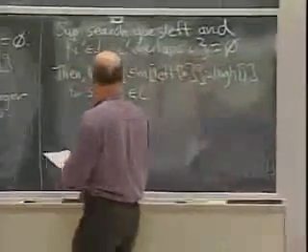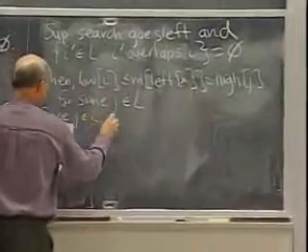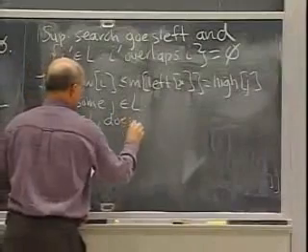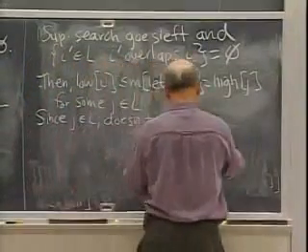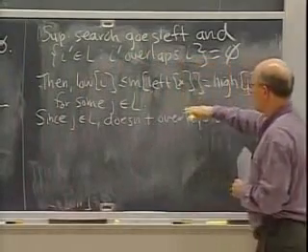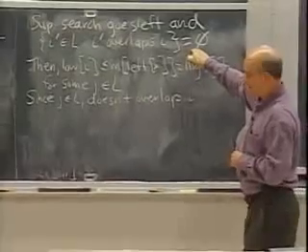Okay, so since j is in L, it doesn't overlap I, because the set of things that overlap I in L is the empty set.